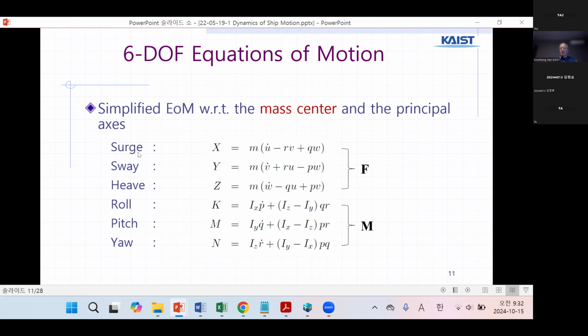When you see the surge X equation, you see that F equals MA, right? F is X, large capital X. M is the mass of the ship, and the A term is not as simple as for a single object, because the ship is very complex, and also the acceleration comes from the combined effect of other motions.